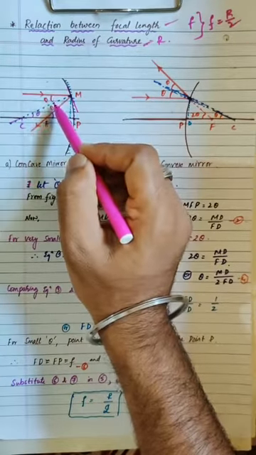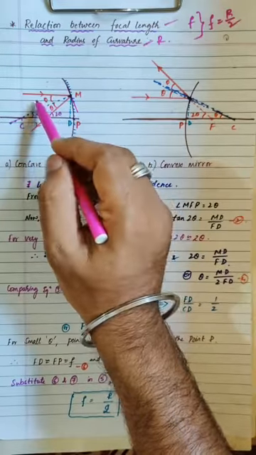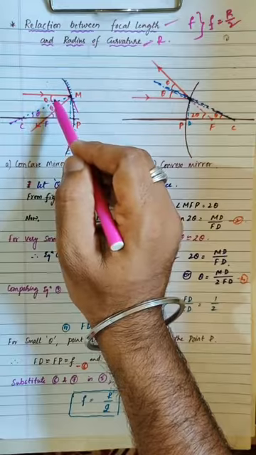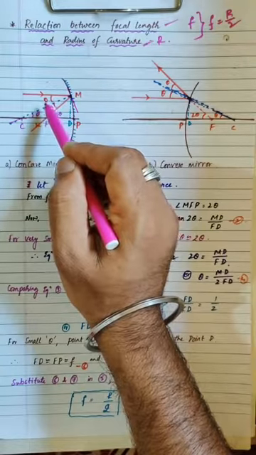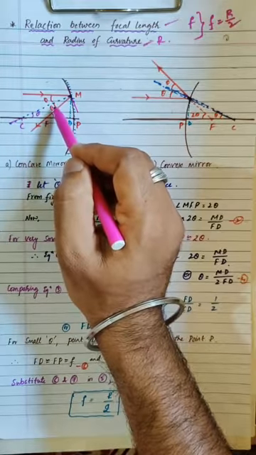So this is angle theta, and this is also angle theta. This is the angle of incidence I and this is the angle of reflection R, but since I is equal to R, we simply write theta for convenience. So this is theta, and here also it is theta.